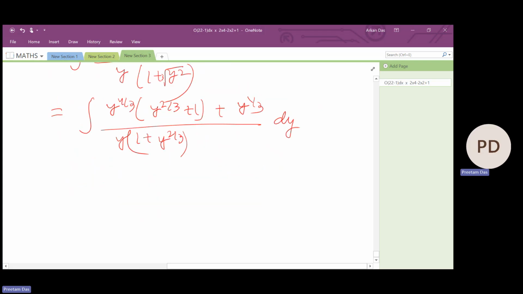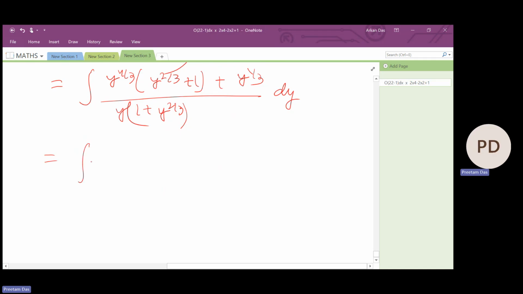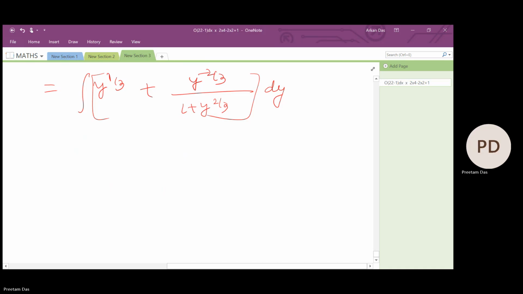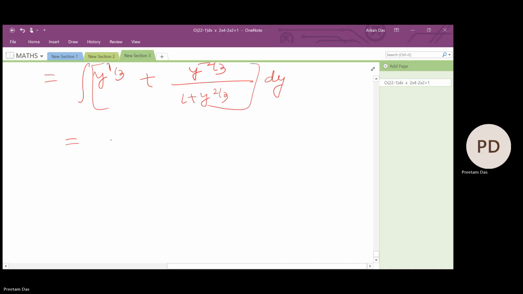Clearly we can see we have to break it into two parts. When you break it into two parts, one part becomes y raised to 1 by 3, y raised to 4 by 3, and y will also get some cancelled terms and become this. And the next part will be y raised to minus 2 by 3, is 2 by 3. Very easy to integrate.